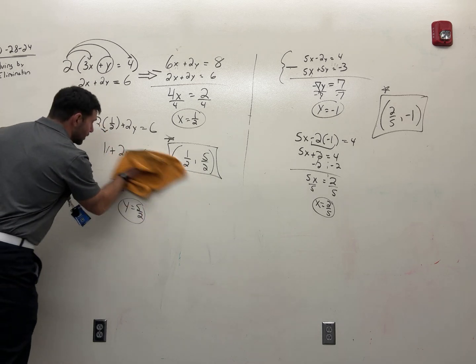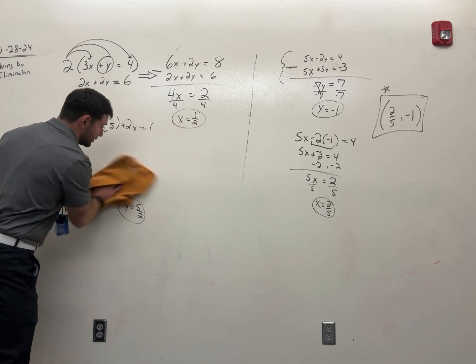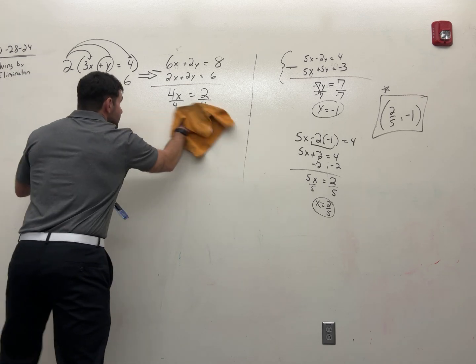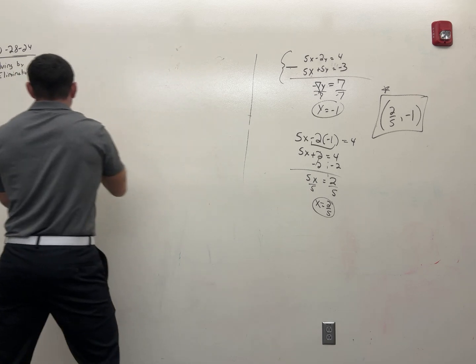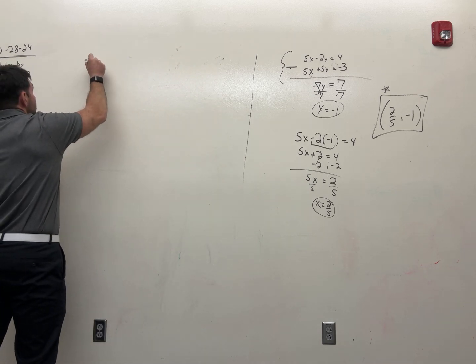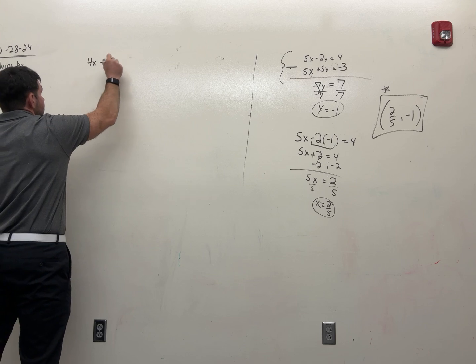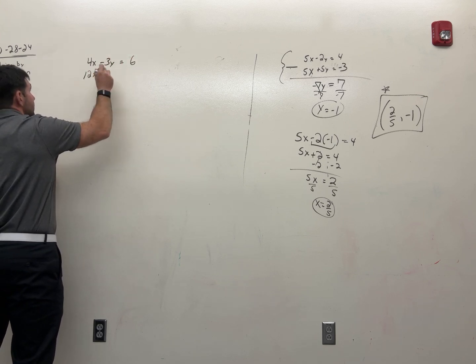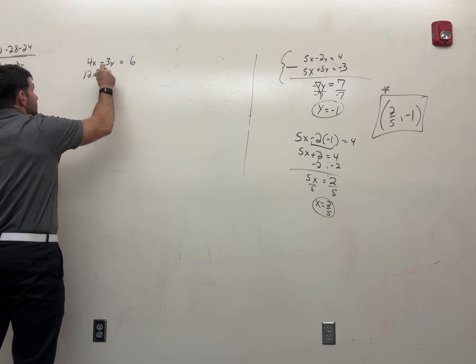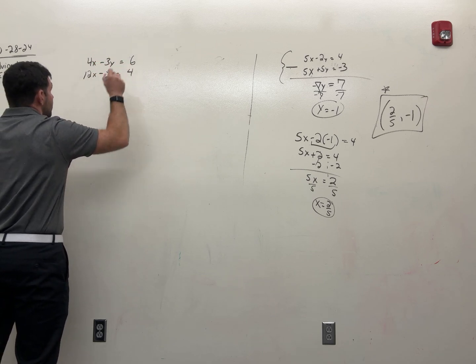Okay, here we go. 4x minus 3y equals 6. 12x minus y equals 4.